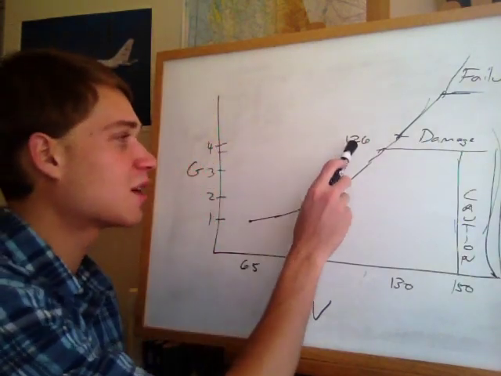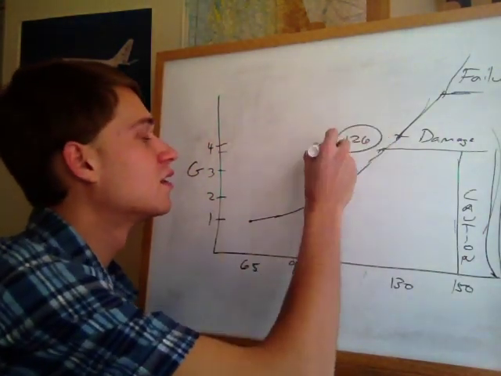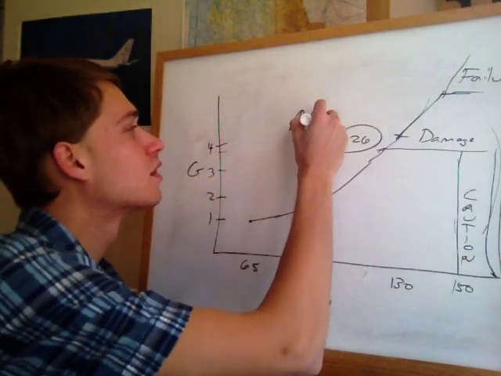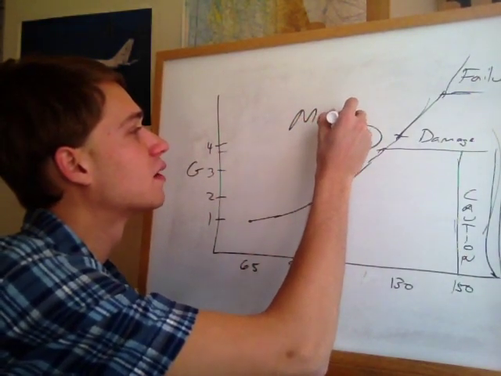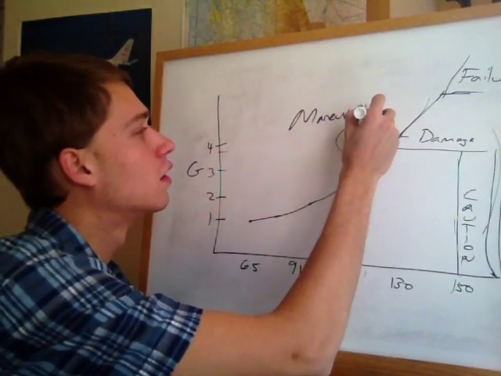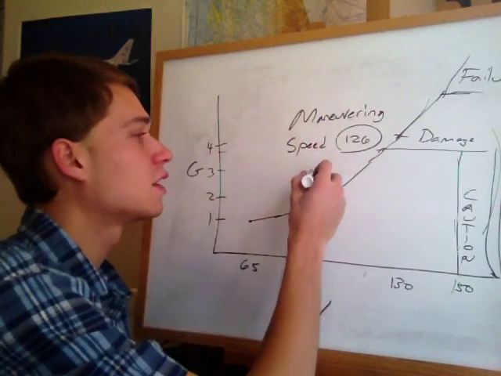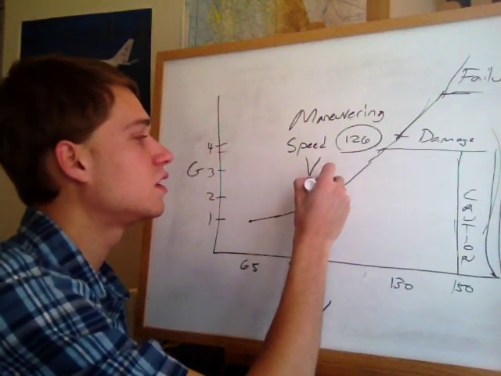So the takeaway from this is that we need to make sure we know what design maneuvering speed is for the airplane we're flying. And you'll actually see this referred to as VA.